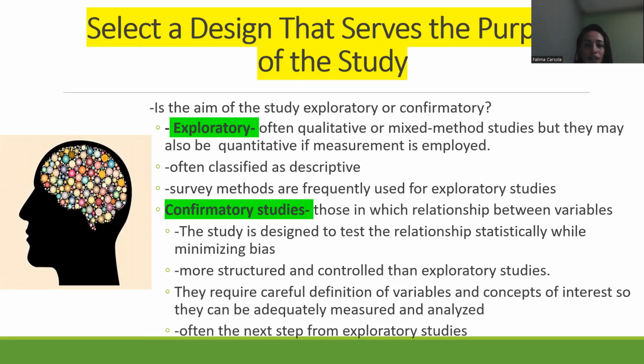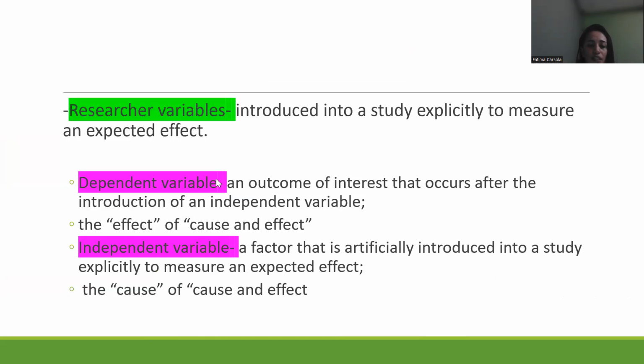Next, we have the discussion of what are research variables. These are introduced into a study explicitly to measure an expected effect. So a research variable may be categorized into two. It may be an independent variable or a dependent variable.